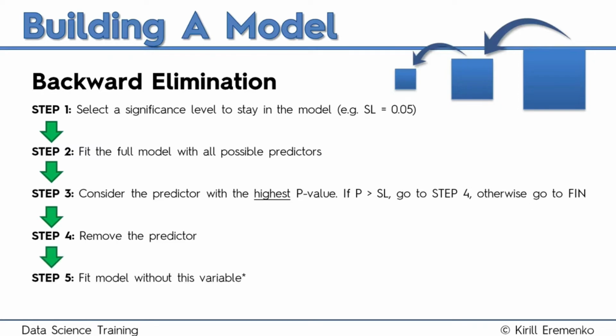And in step 5, you fit the model without this variable. There's a star here because I just wanted to remind myself to tell you that if you just remove the variable, obviously you can't just say, okay, now I've got the new model. You have to actually refit the model. You have to recreate it, rebuild it with the fewer number of variables.